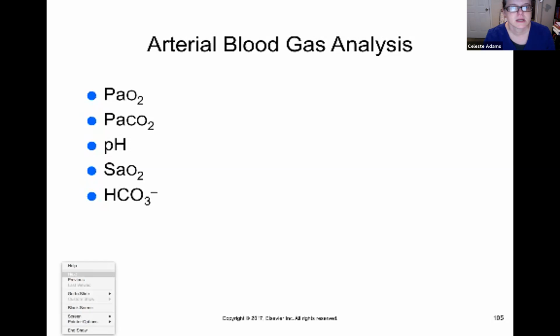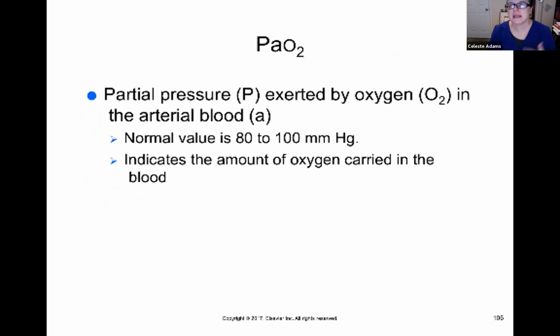We're going to talk about each component of the ABG, but like I said, I want you to really focus in on the carbon dioxide, the pH, and the bicarb.